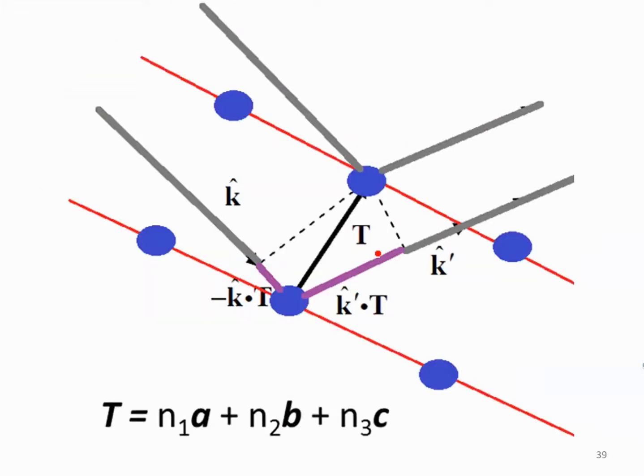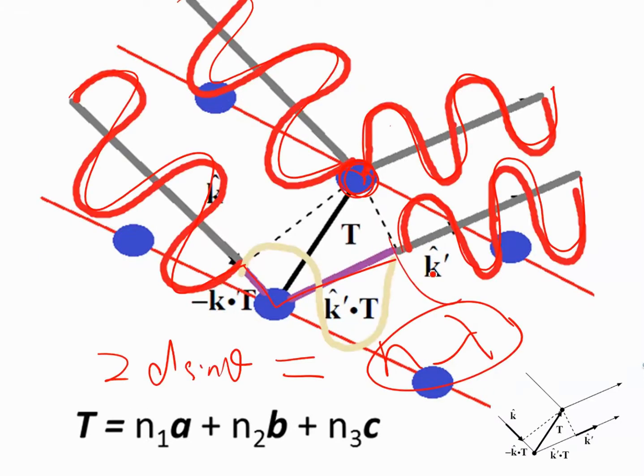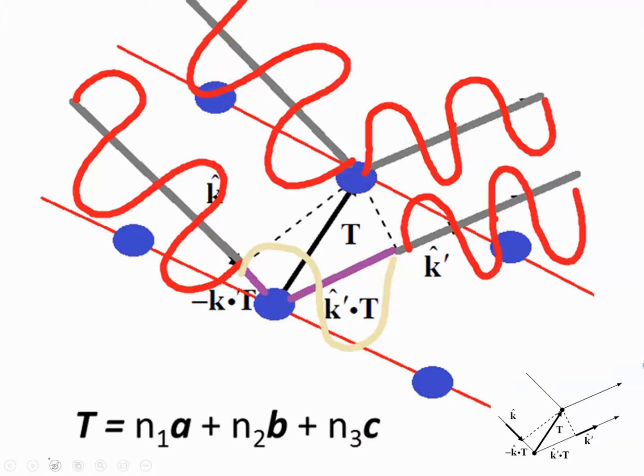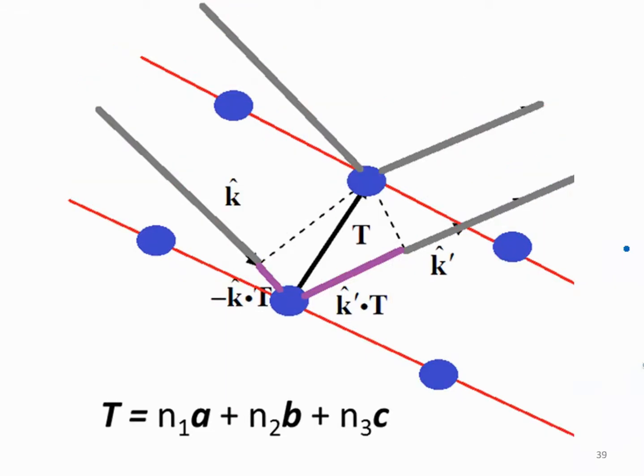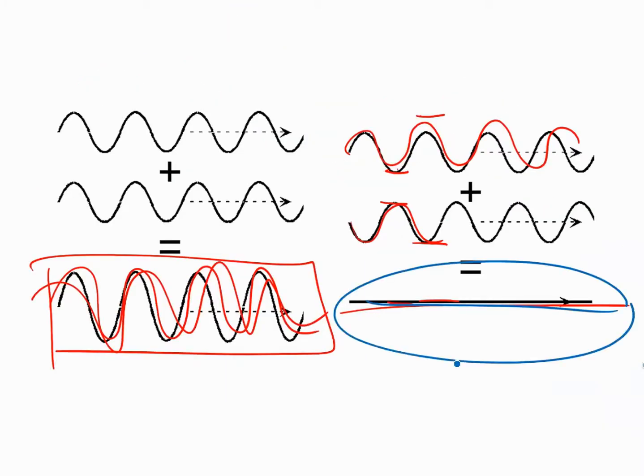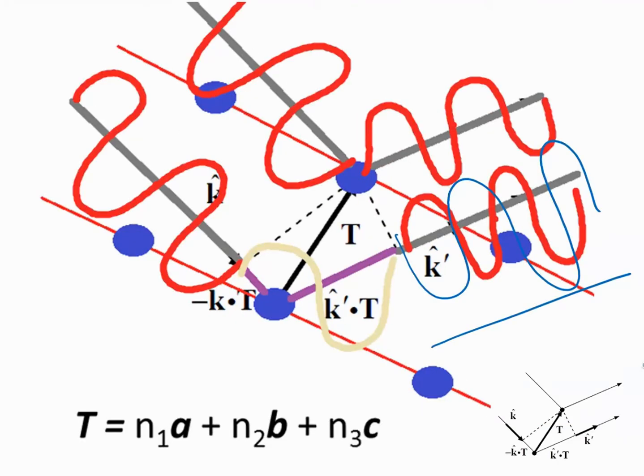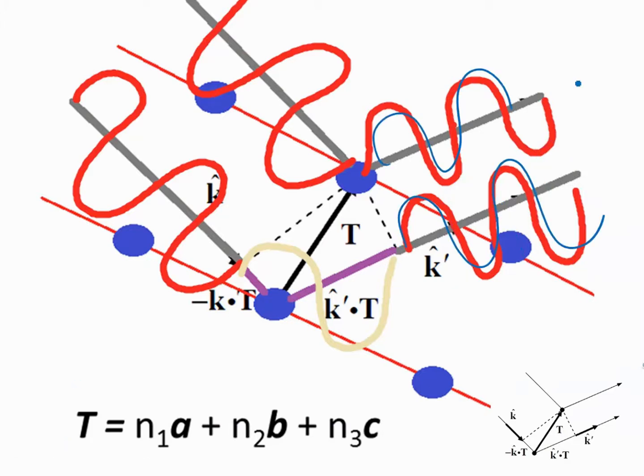But if these two are opposite phase, then you will get zero, nothing. When you get nothing, there's no constructive interference.